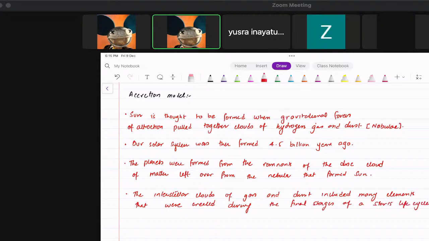Usually, this process has a name. It's called supernova, but we are going to learn about this at the end of this chapter.